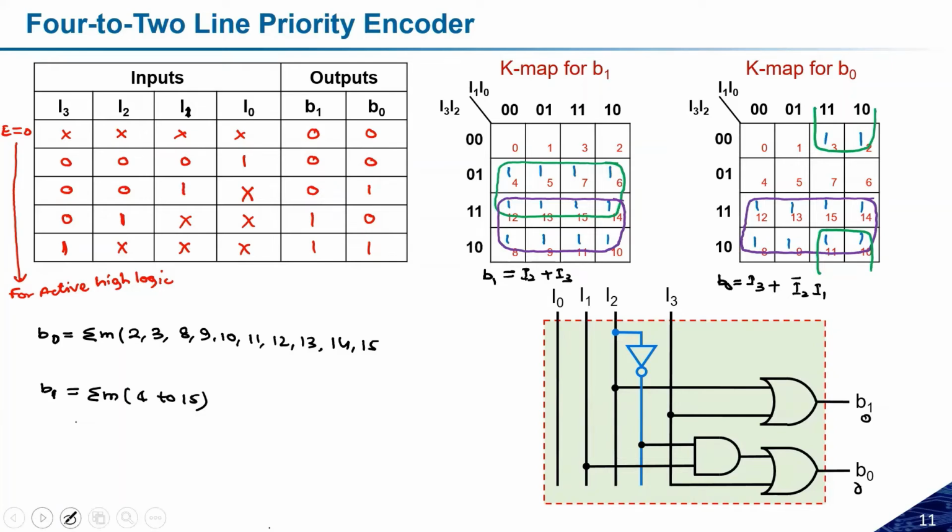One more thing I need to tell you here. B1 and B0 are independent of I0. So even though I0 is equal to 0 or 1, it will not affect the output.